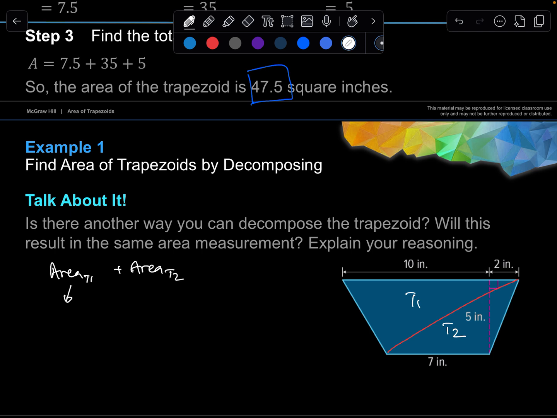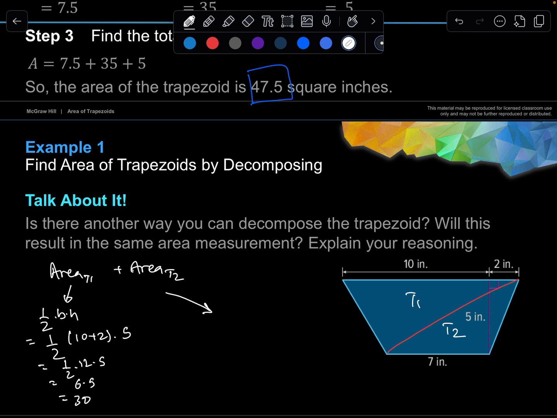Now area T1 is half BH, which is half times the base, 10 plus 2, 12 inches, times H. The height is the same, 5 inches. That gives me half of 12 times 5. That would be 6 times 5, which is 30 square inches.